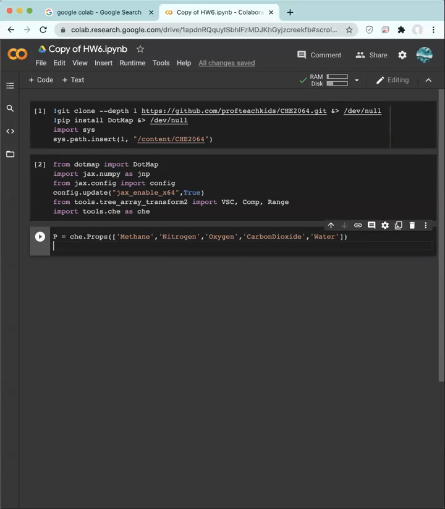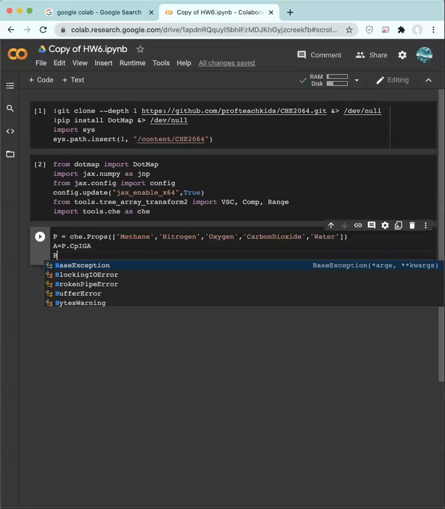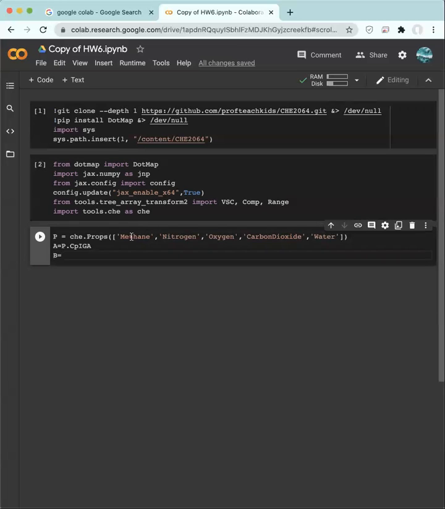And so we are going to want to find the heat capacity for each substance, and we're just going to assign those letters so we don't have to keep typing this out. So it's going to be P.CPIGA, B, so it'll be A, B, C, D, E. That's how it will assign it.